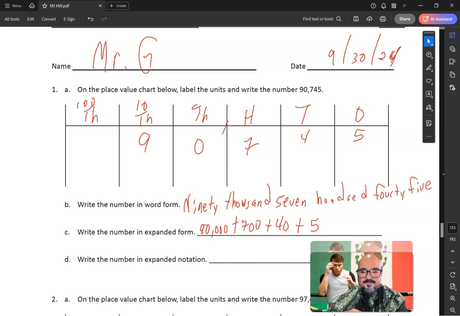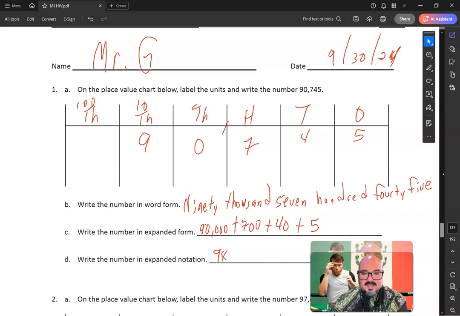Okay, next one. Write the number in expanded notation. Expanded notation is when we use expanded form and we put down how we get it. So we put the 9 first because it's in the 10,000s place.